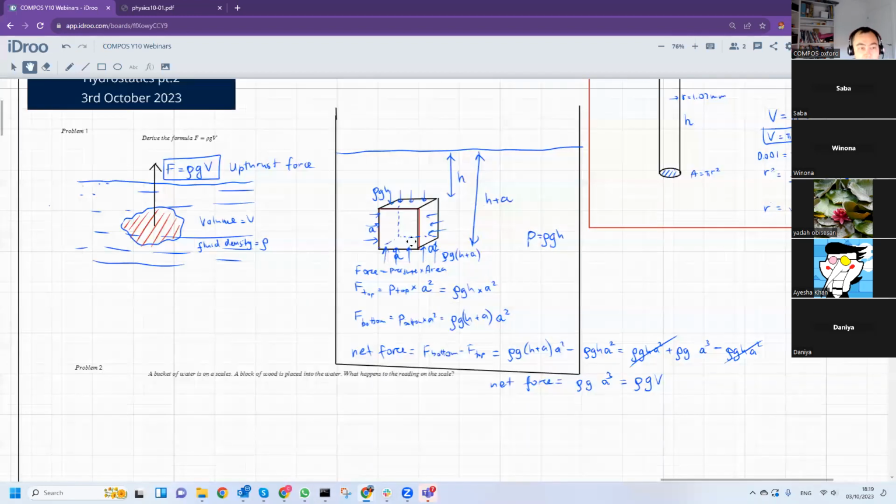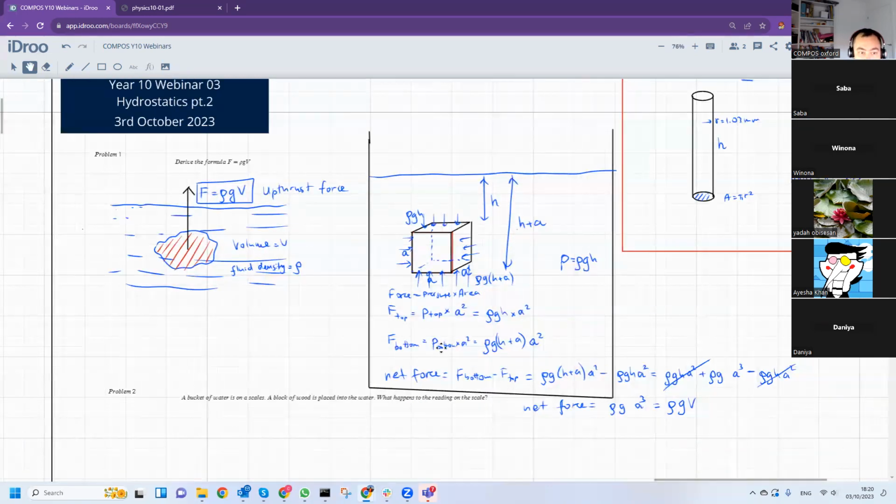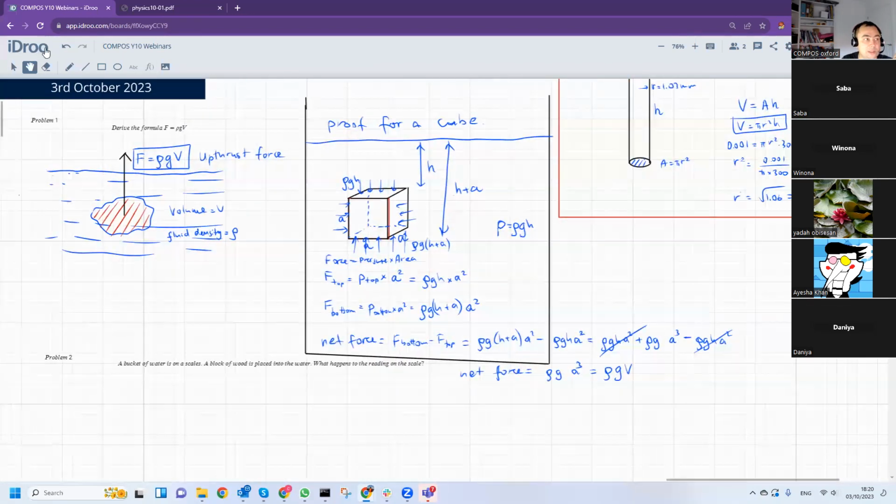So the force on an object which is suspended in a fluid is rho g V, where rho is the density of the fluid, g is the gravitational field strength, and V is the volume. And this is the proof, for a cube. In your assignment, you have a similar proof, but it's for a cuboid. Slightly more complicated, but here it is.